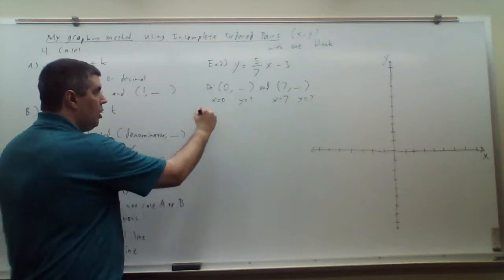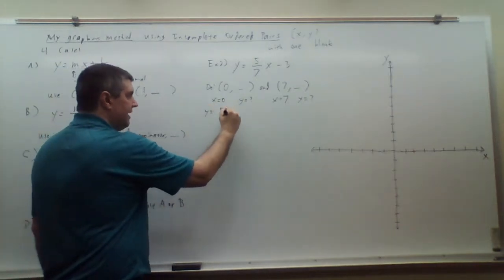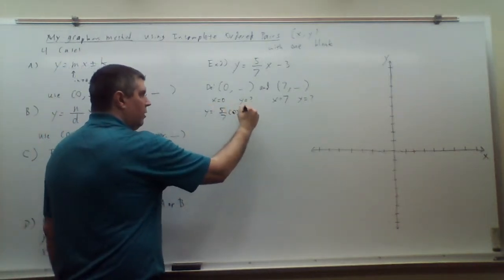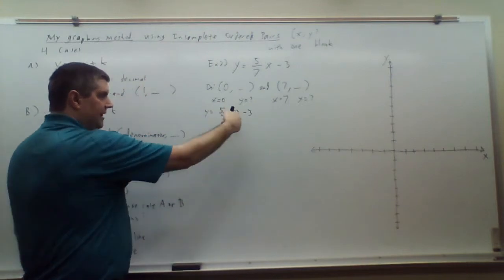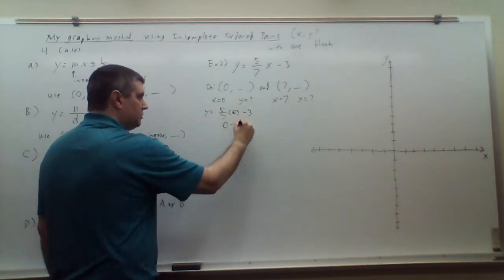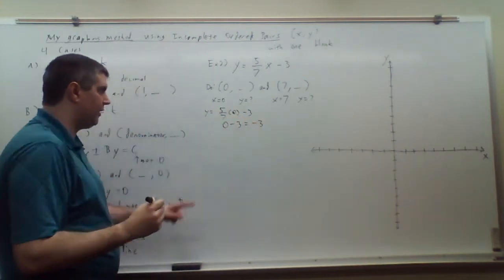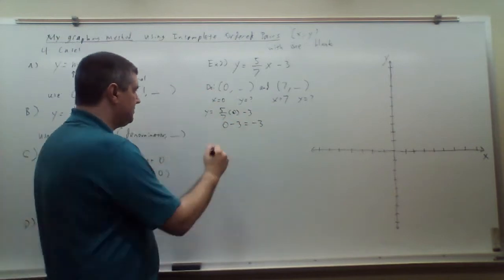Okay, so y equals 5/7 times 0 minus 3. Anything times 0 is 0. 0 minus 3 is negative 3. So the y is negative 3. We have 0, negative 3.